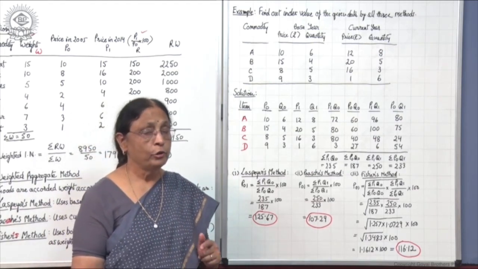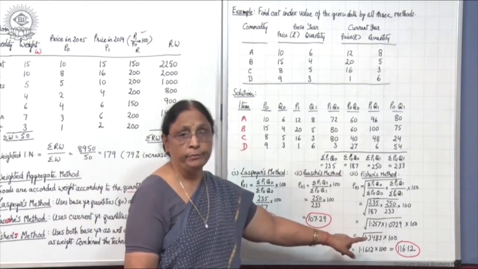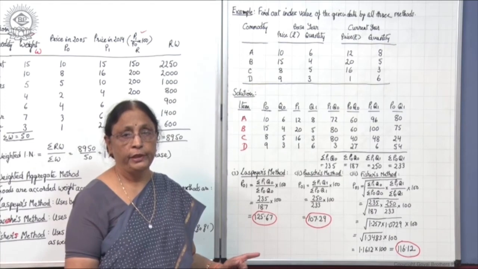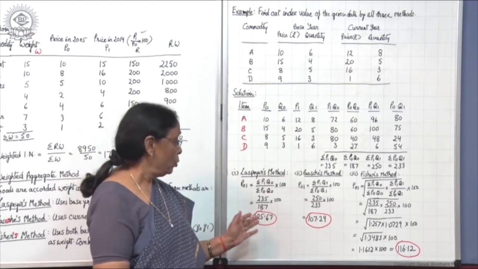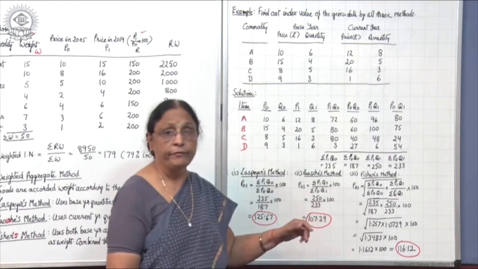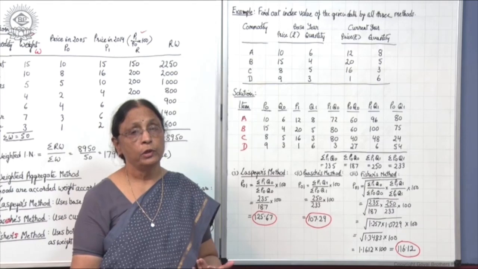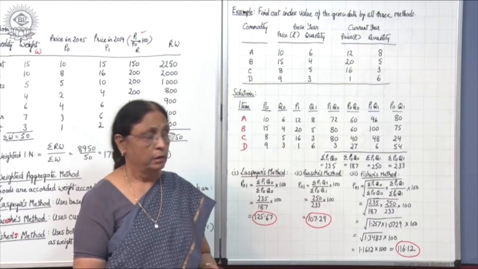Now children, one thing you will notice over here, the answer is not the same. You must be thinking why it is like this. If the answer is not the same, which one are you going to believe or consider as the best method?